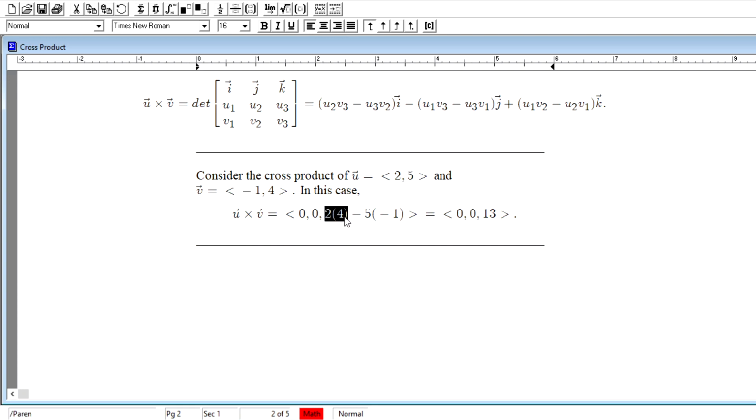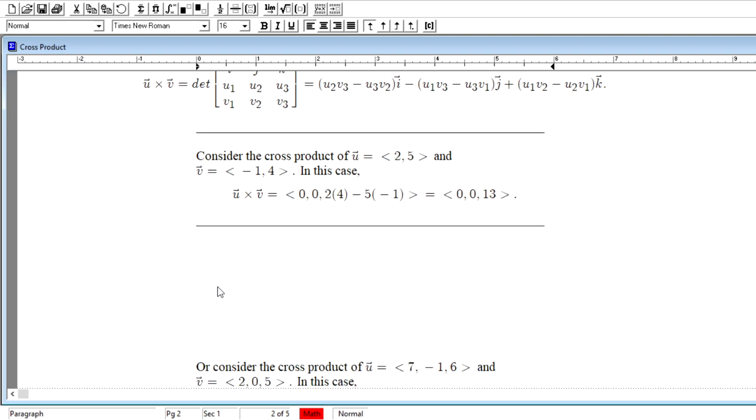So you take 8 minus negative 5, which is 8 plus 5, and that is 13. So the cross product of u with v in this case is just 0, 0, 13, a vector orthogonal to the xy plane whose magnitude is 13.